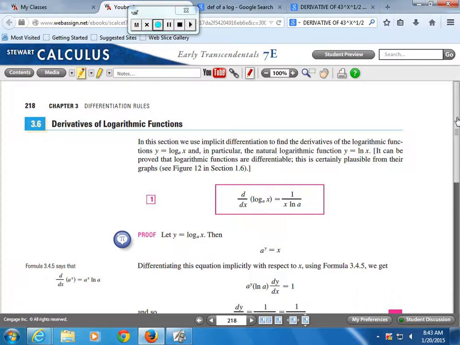Are you sure this problem was 43 to the x to the 1/2, or was it natural log of 43 to the x to the 1/2? It was 43 to the x to the 1/2? Okay, I was just making sure.